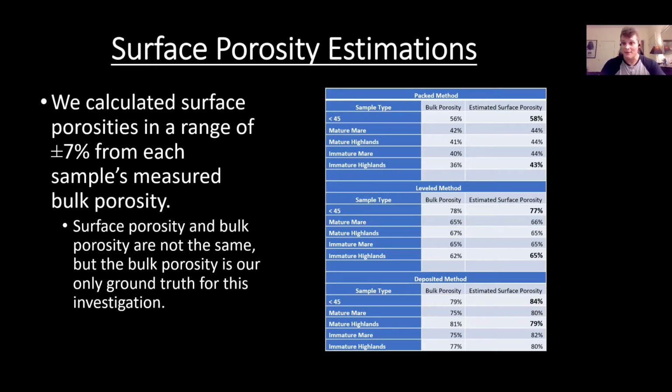So because of that, we had to base it off something, and we decided that the bulk porosity and the surface porosity, although different, would be a good place to start. So as you can see here, our packed method is suggesting estimated surface porosity is anywhere from 43 to 58%, our leveled from 65 to 77%, and our deposited from 79 to 84%.